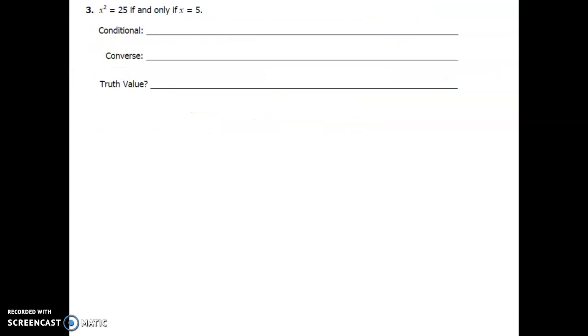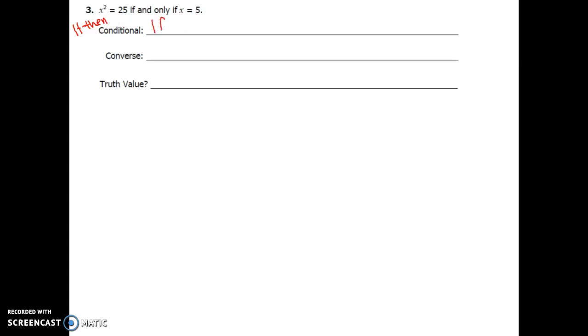Let's look at another example. We're going to go to number 3. It says x squared is 25 if and only if x is equal to 5. So let's make this a conditional statement. Remember, this is if and then. So I have to make this into a hypothesis and a conclusion.